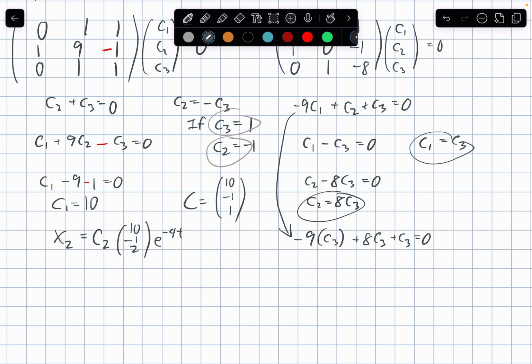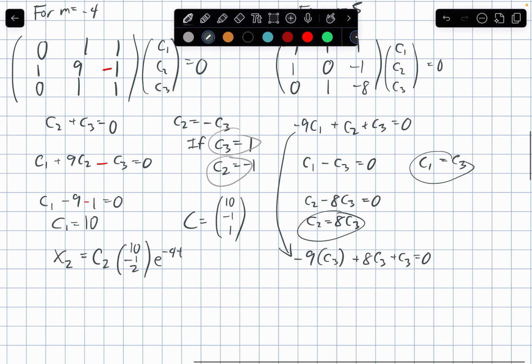Let's see what happens. 9, 18, 9. We can't say that c3 is 0.